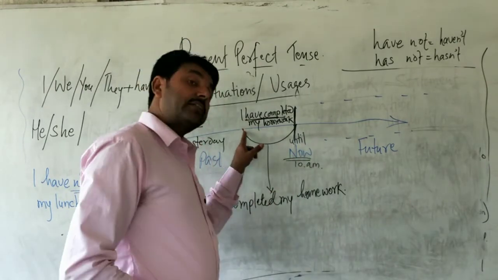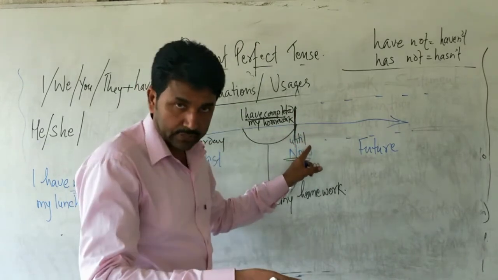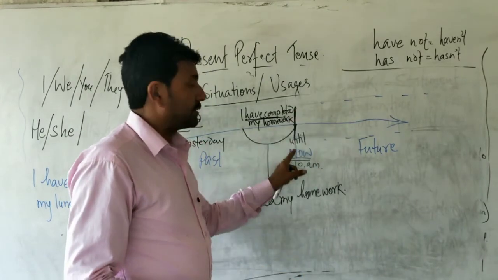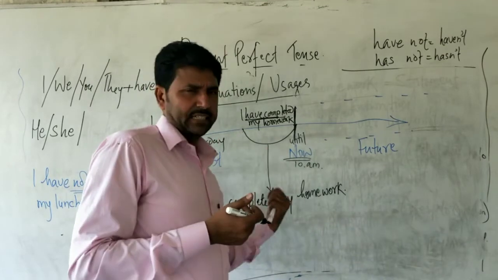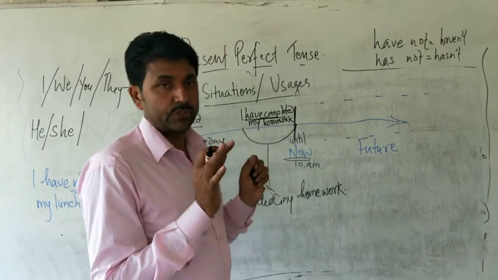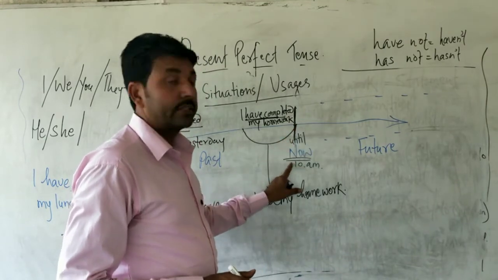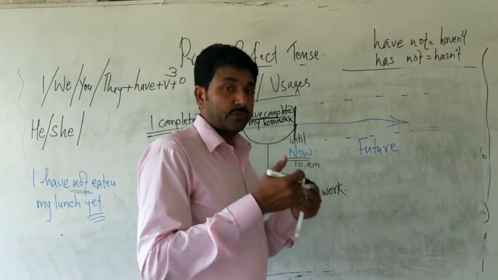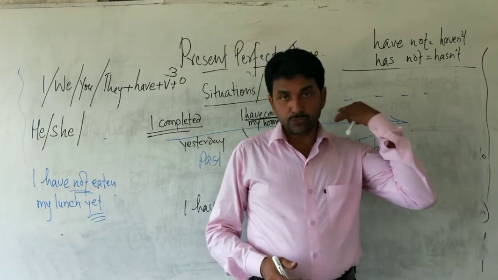So the action started in the past and finished by the time of our conversation, or by the time we are talking with each other, or recently it has finished. Anywhere it has a relation with now. By the time of our talking, for example, we are here and the action completed before.